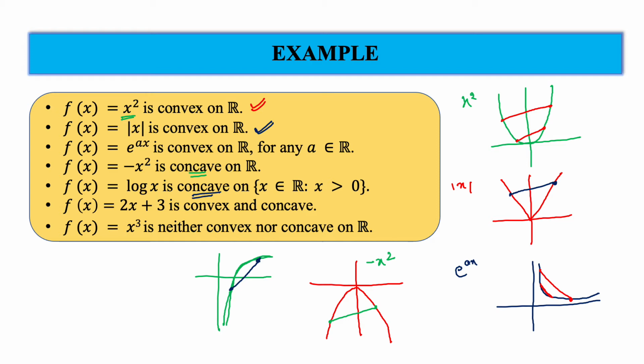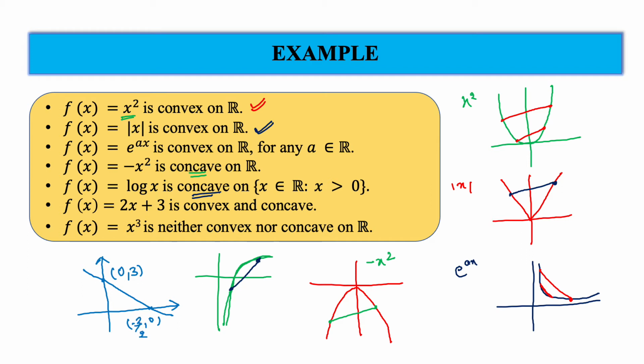Similarly, for a line segment, if you draw a line, for this line y will have a value of 3 at x = 0, and x will have a point at minus 3 by 2.